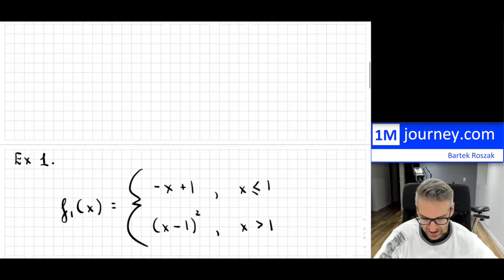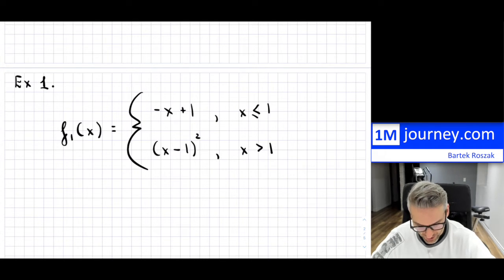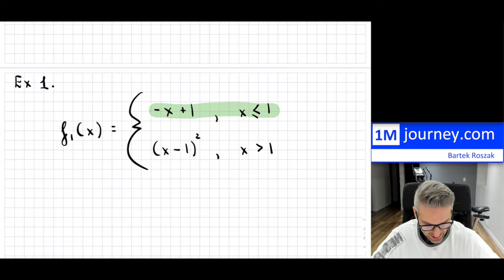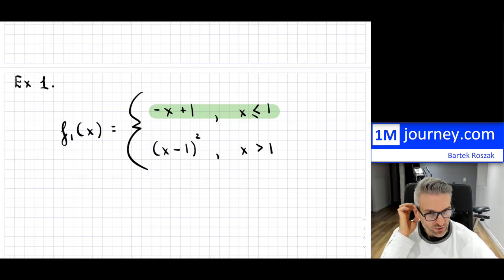And I'm going to go back in here just so that it refreshes our mind so that we know what to do. Now, this function is a piecewise function, so it is made up of two pieces. As you can see here, one piece is really just a line, which is defined for x less than or equal to 1.